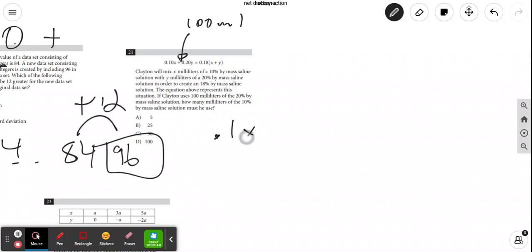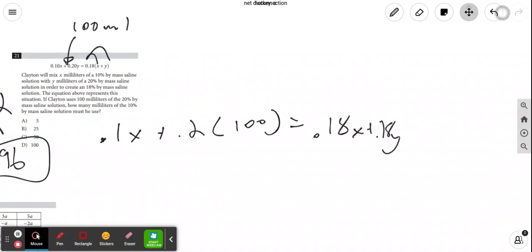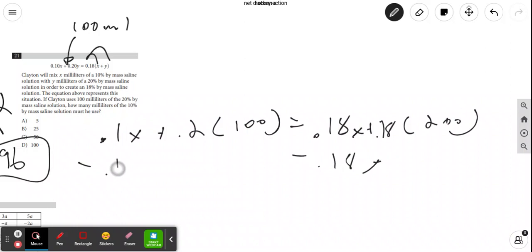So 0.1x plus 0.2 times 100 equals, here I would distribute this 0.18 out. So 0.18x plus 0.18y, or 0.18 times 200. Then I would subtract the 0.18x over.